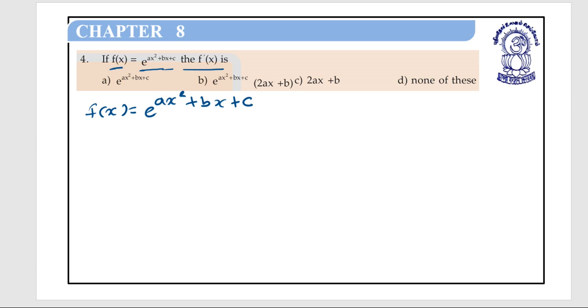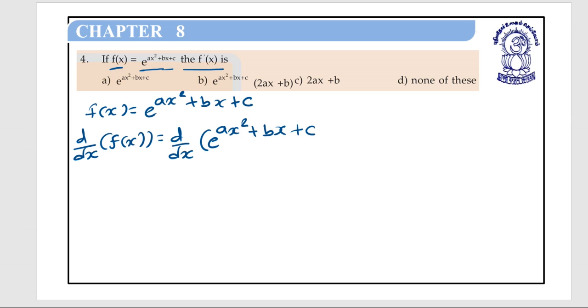Now take the differentiation with respect to x. d by dx of f of x is equal to d by dx of e raised to ax square plus bx plus c. So f dash x is equal to, here which formula can we apply? Think about it.